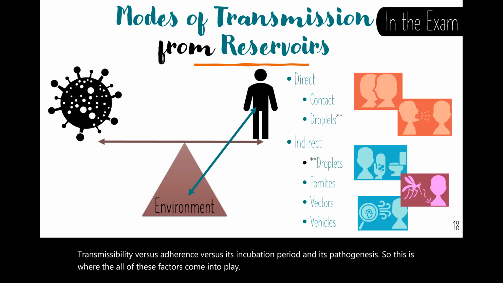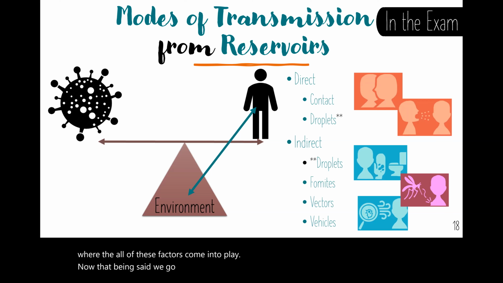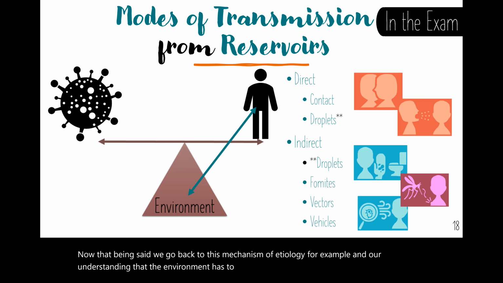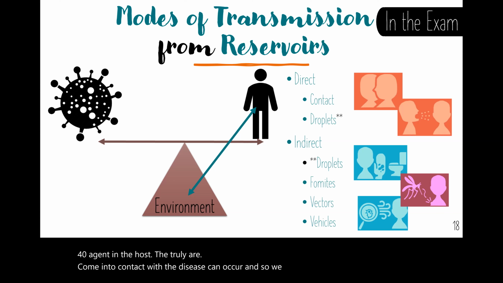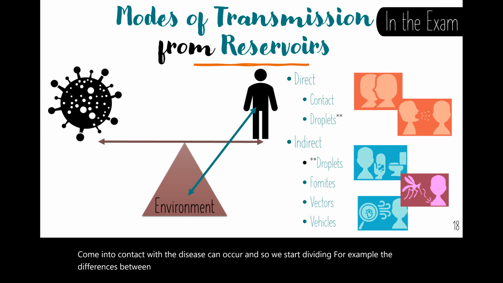Now, that being said, we go back to this mechanism of etiology, and our understanding that the environment has to bring us together for the agent and the host to truly come into contact so that disease can occur. And so we start dividing the differences between a communicable disease being through direct contact or indirect contact.